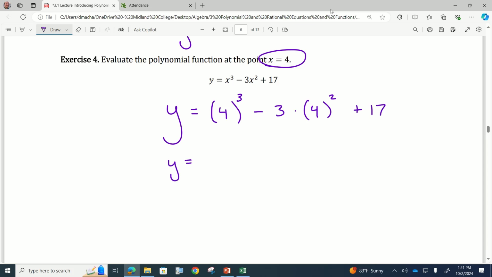And so that's just 64 minus 48 plus 17, which is 16 plus 17, so it's 33. You just replace the x with your input value, and you simplify. Then you get an output value. And that's how functions are supposed to work.